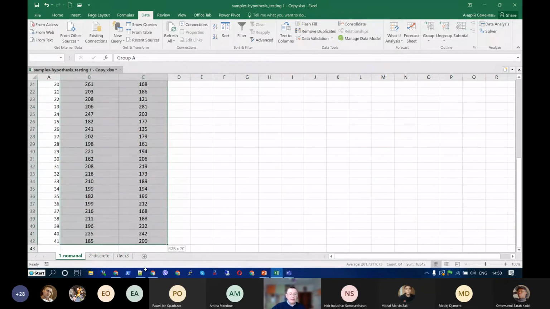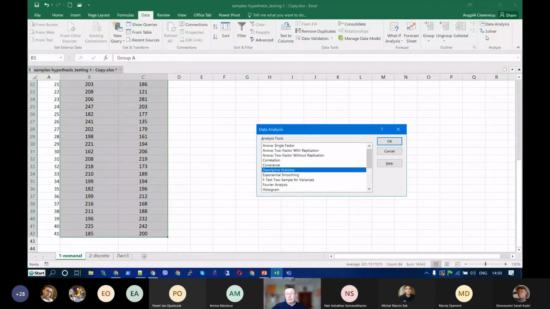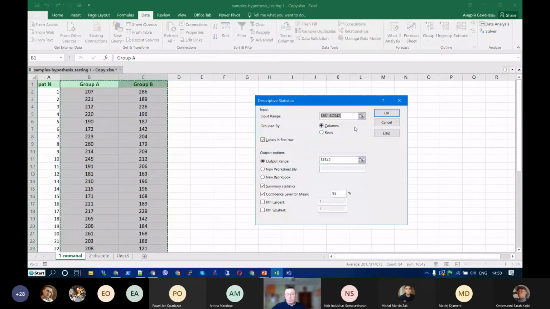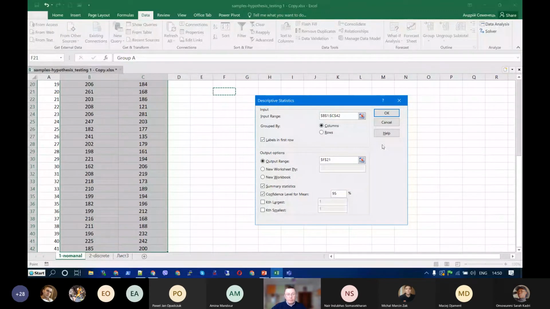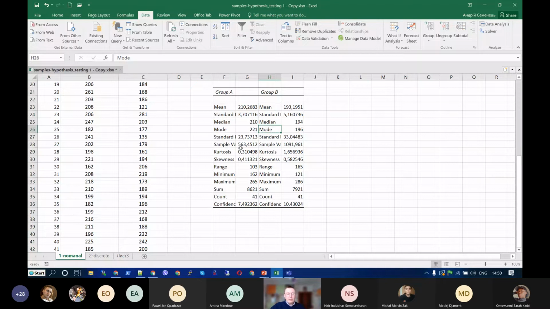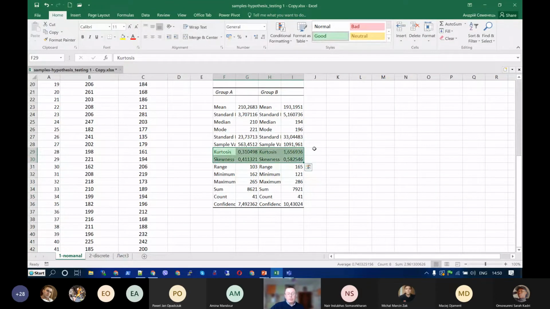So first of all, I have to get descriptive statistics again, and there's no need to select anything. This is the same data, and my output range has to be here. What is most interesting for me is skewness and kurtosis, which give information about whether the distribution is normal or not. I will not bring the critical table right now, so you can take it from statistical textbooks.